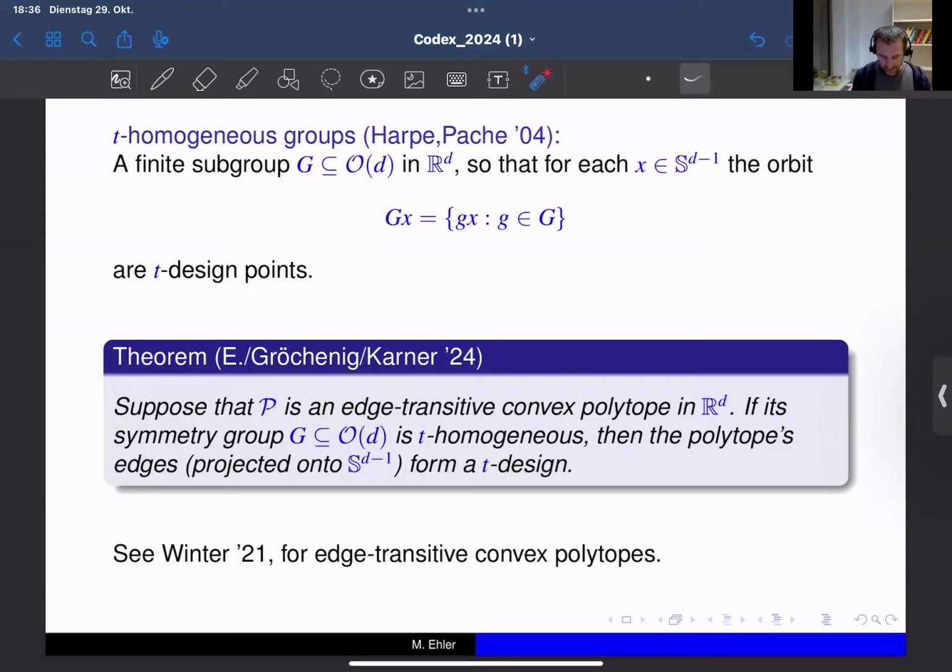And we extend this here to the edges of convex polytopes. In the proof, we will see what edge-transitive really means. I'd also like to refer to Martin Winter, who wrote his entire PhD thesis about, in one way or the other, edge-transitive convex polytopes and classifying which polytopes are edge-transitive.